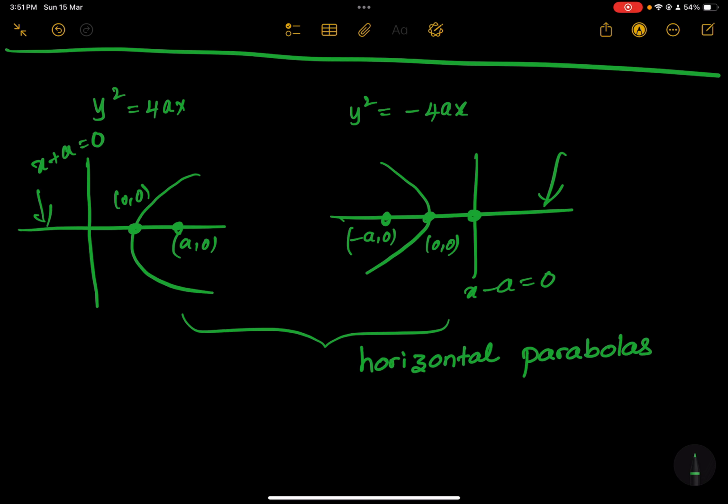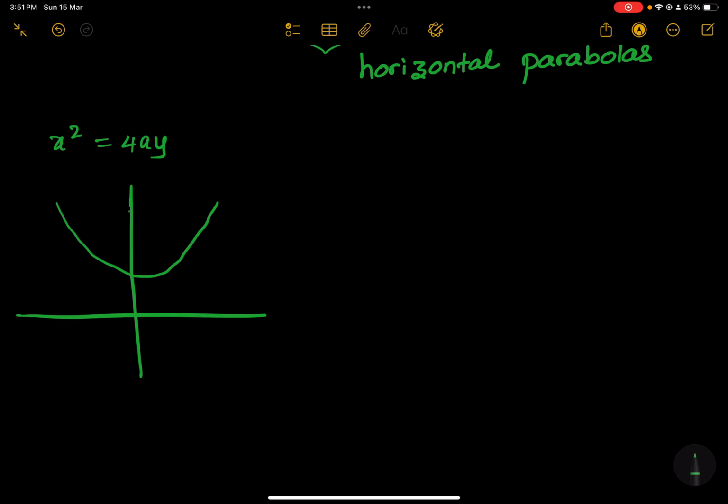Now we have another set of parabolas which are vertical parabolas. The equations of those will look like this: x square is equal to 4ay. This will look something like this. This is your origin, this is your (0, a), and your directrix is y plus a equal to 0.